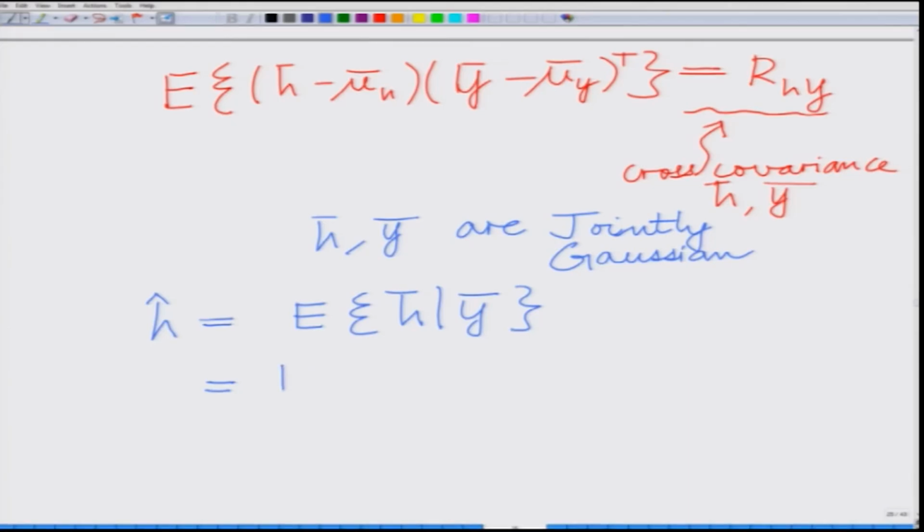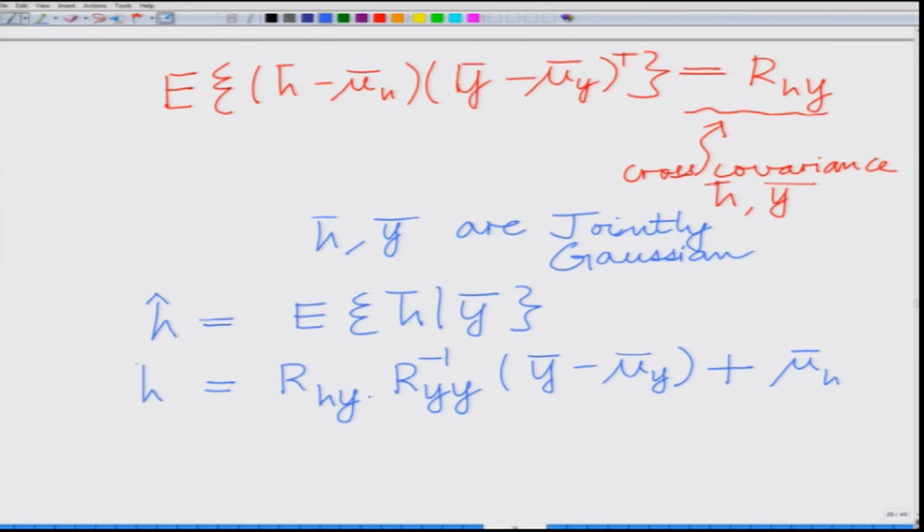So, now I have R_hy times R_yy inverse times (y bar minus mu bar y) plus mu bar h, that is, add the mean. Now, instead of the variances and the covariance, I am using the cross covariance matrix, and R_yy is the covariance matrix of y.